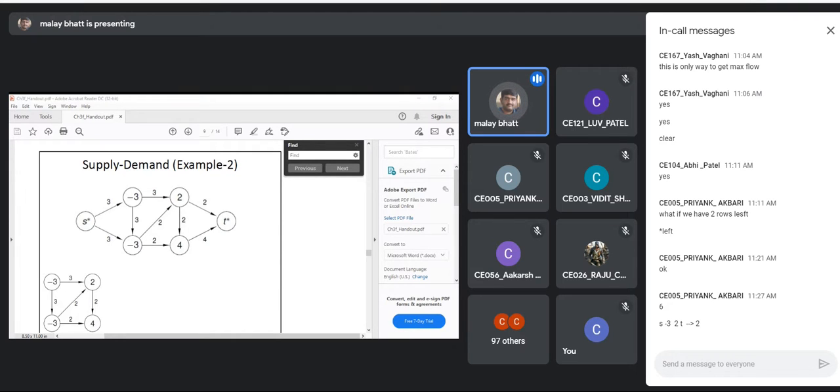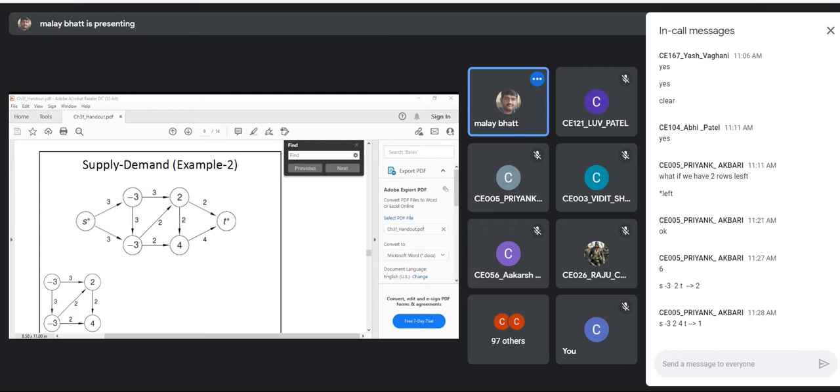So the path value will be 2. Okay, then second is S2 minus 3, then minus 3, 2 again, 2, one more, okay. Then 2 to 4, okay. And then 4 to T, it is 1, okay, correct.